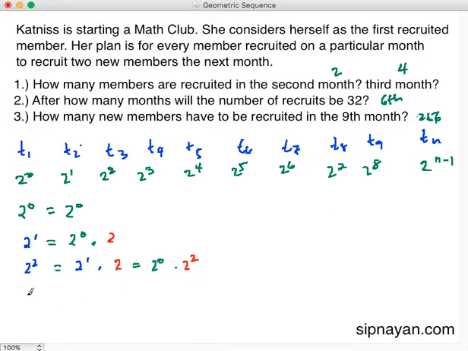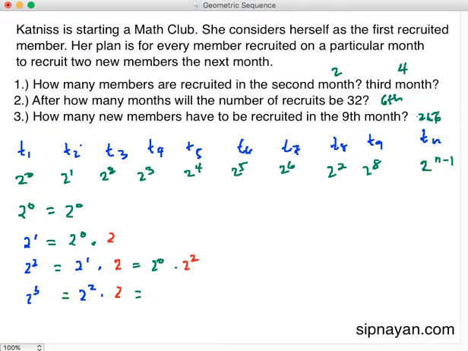Next, we have 2 cubed. 2 cubed is equal to 2 squared times 2 pa rin, di ba? Because this is 2 squared times 2, a constant ratio. Yung red na to, yun yung constant ratio natin. And again, ang ating 2 squared ay ito siya, at ang equivalent niya ay 2 squared times 2.